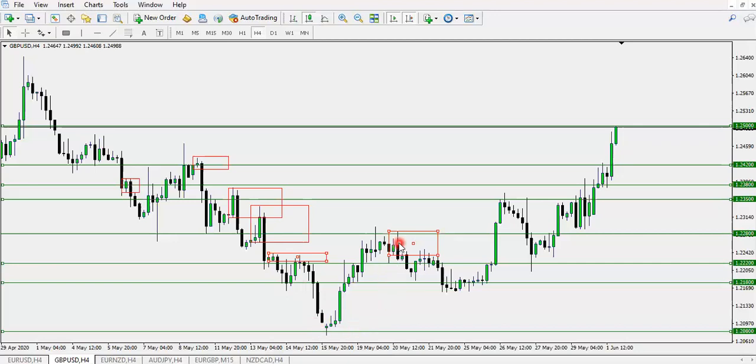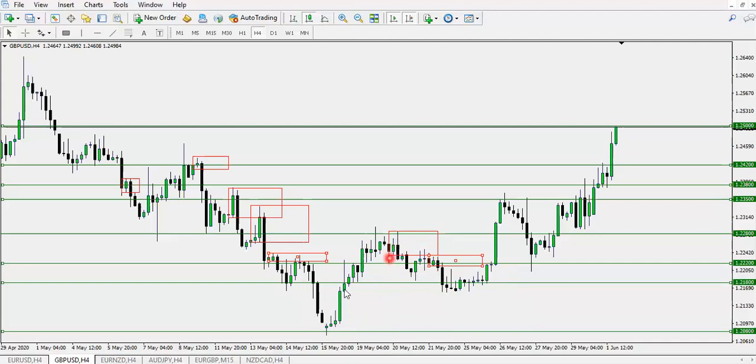And you can see order block created, another order block created over here. So order blocks and institutional levels go well together.